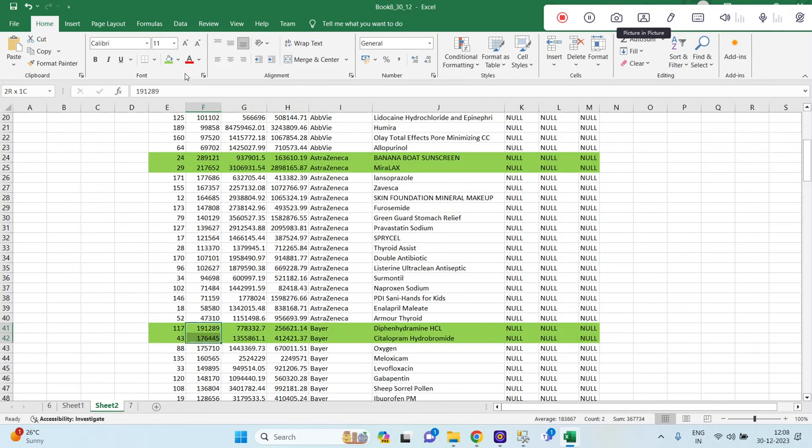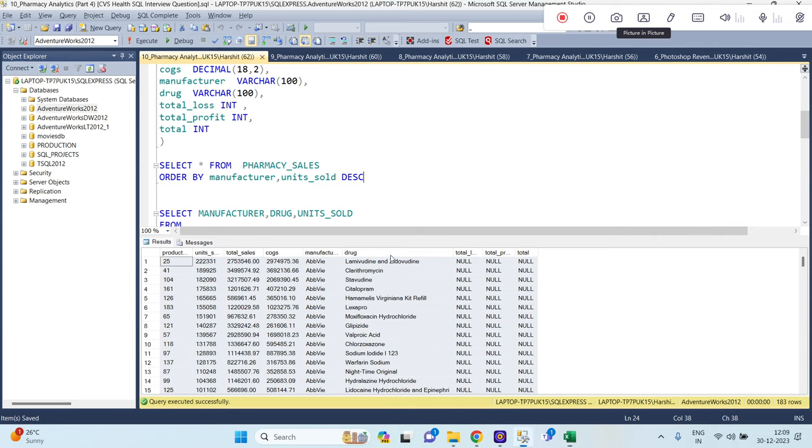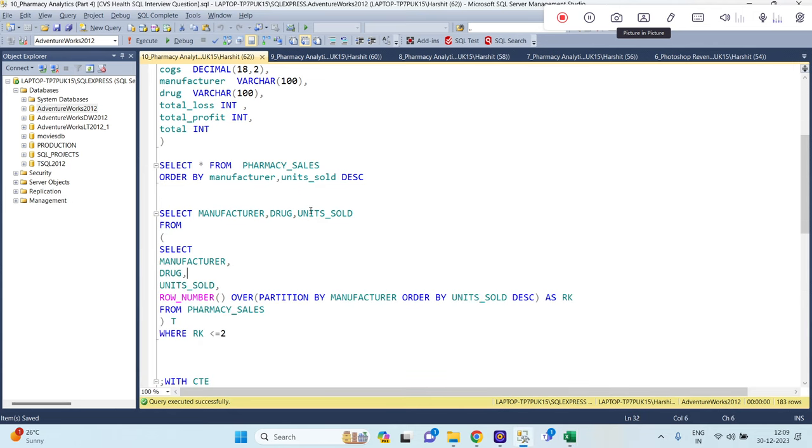Because these are the top two for this manufacturer, and these are the top two for this manufacturer. Likewise, we require top two for each manufacturer, right? So for that, simple thing, partition by manufacturer and order by units sold descending we have to do, right?